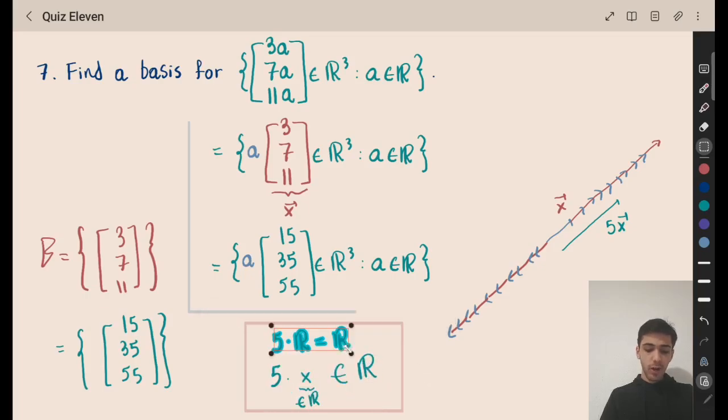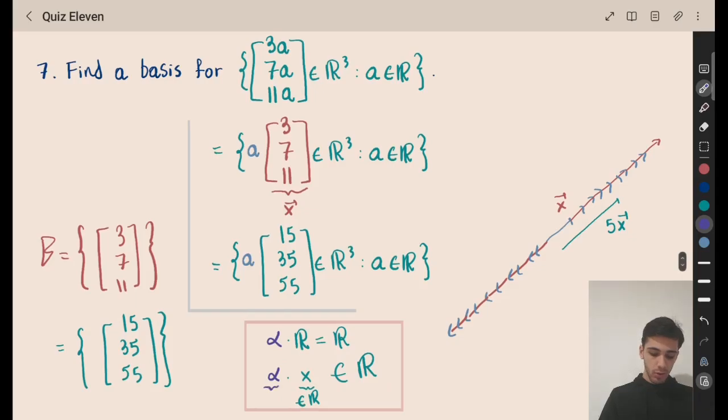And it's not just 5. It's really any constant. Any constant. Because in the end, this constant is also in R. And R is a field. It's closed. You multiply 2 elements in R, you get an element in R.